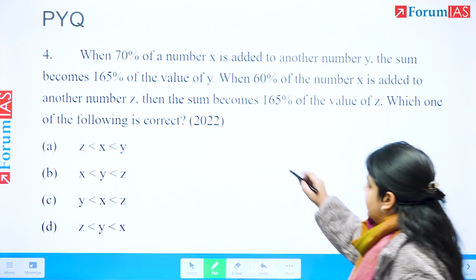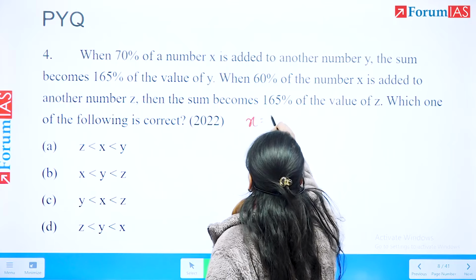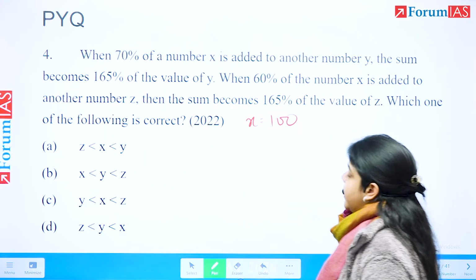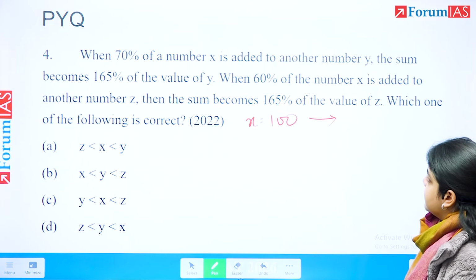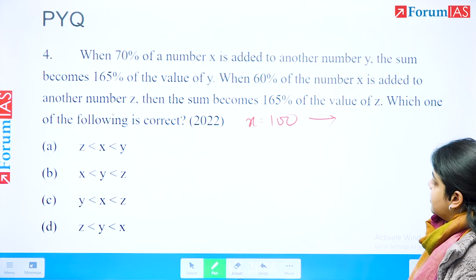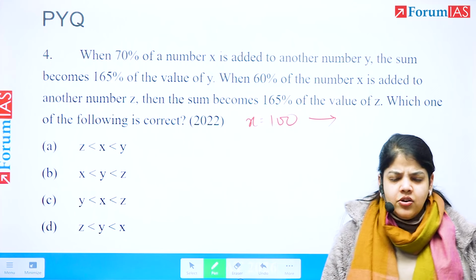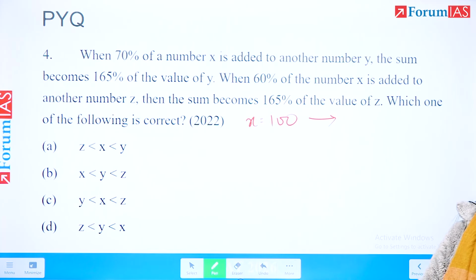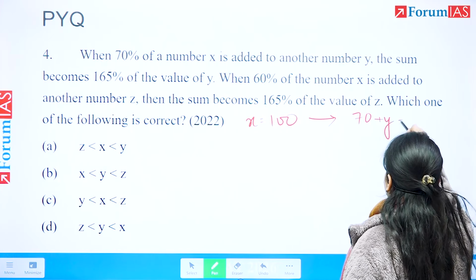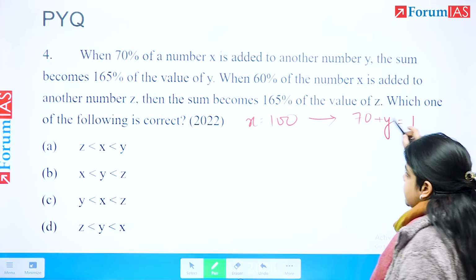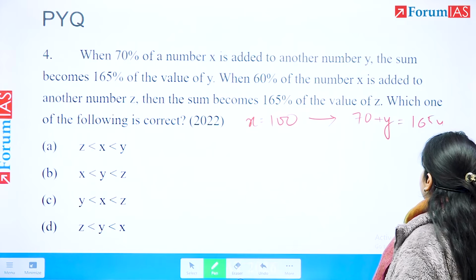Okay. X is equal to 100. Okay, tell me the first equation. Just say the first equation. 70 plus y is equal to 165 y.